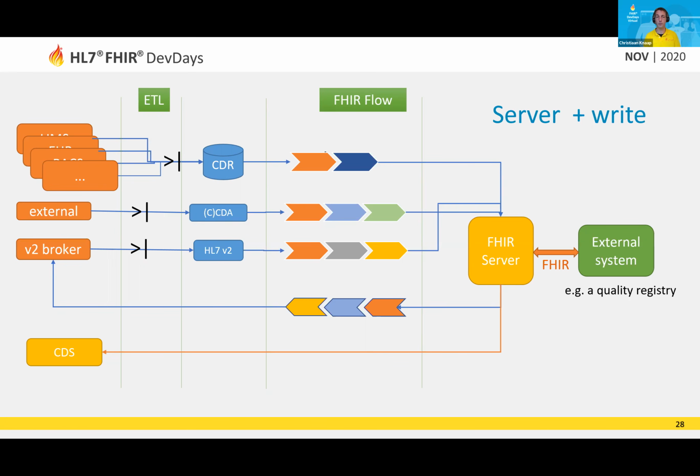Obviously, for the quality registry case that Frank explained, it would be very interesting to consult this data directly from a CDS hooks application.